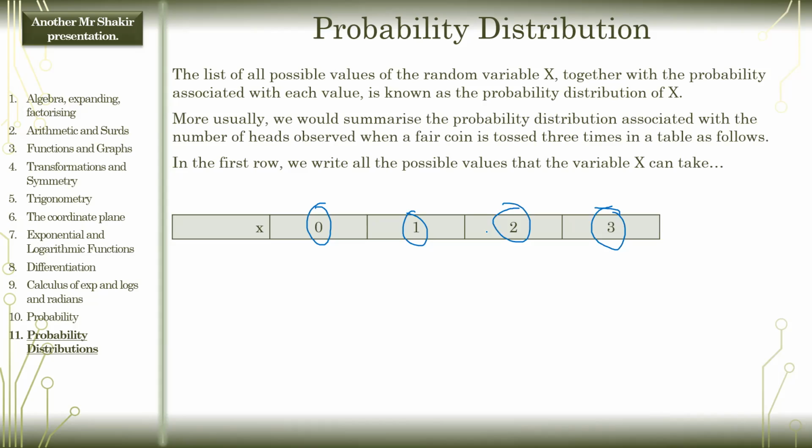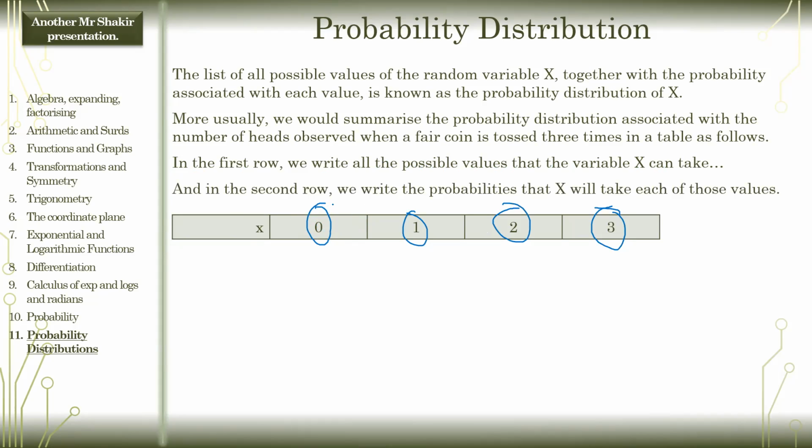If you get 0 heads, wouldn't it be 0/8? No, the probability that you're going to get 0 heads, in other words tails, tails, tails, is 1/8, isn't it? So in the first row, we'll write the possible values.